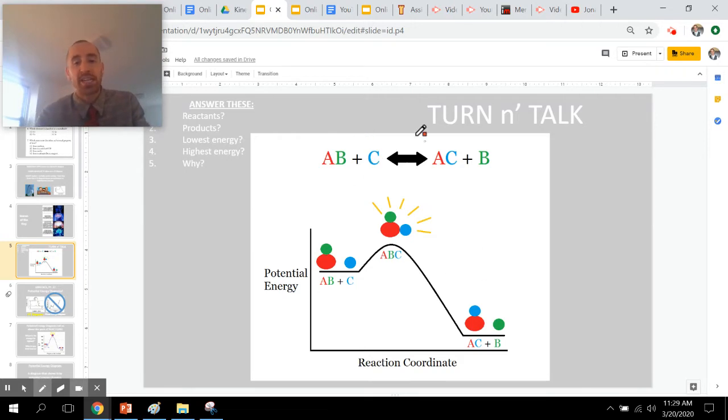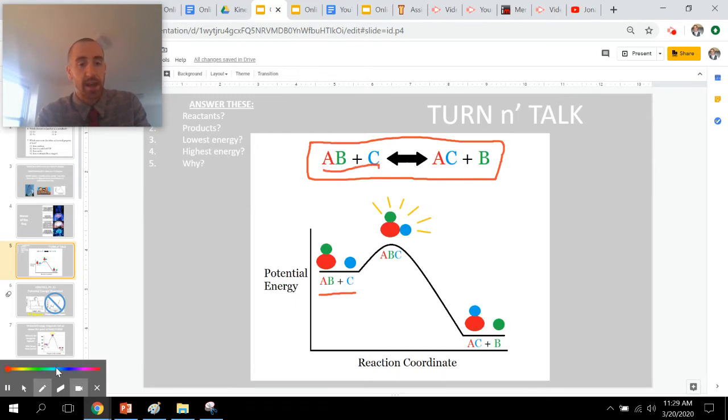Now, you can see that there is a relationship between the reaction that's listed in the chemical equation and what's over here in this diagram, right? So you see that AB plus C appears here, and then you also see that AC plus B, which are the products, appears here.